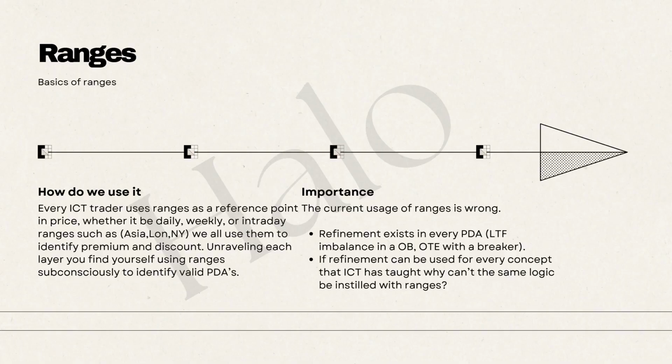The importance. Now, the current usage of ranges is wrong. Why do I say that? Because a lot of people, and this is not mainly for QT traders, because QT traders naturally, if you learn through the quarterly theory, you prioritize certain ranges by themselves, whether it be previous quarter range, previous day, previous week, whatever, so on and so forth.